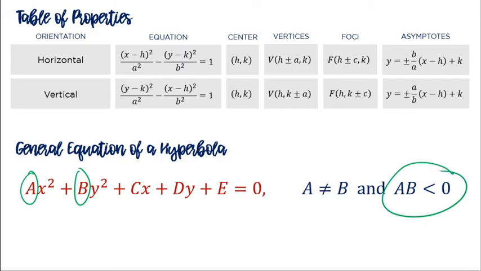Meaning, negative yung product ng a and b. So for us to have a negative product, a and b should have different signs. Right? So it could be that a is positive while b is negative, or a is negative while b is positive. Okay, so that is the general form of the equation of a hyperbola.